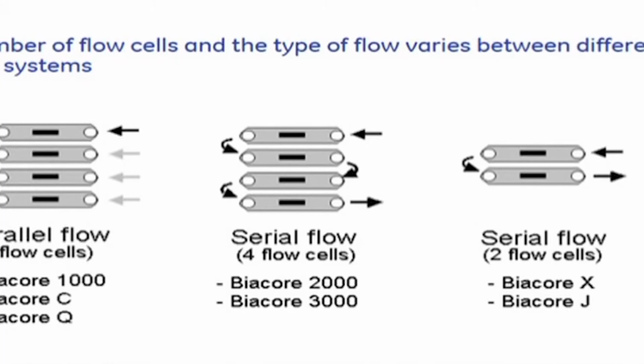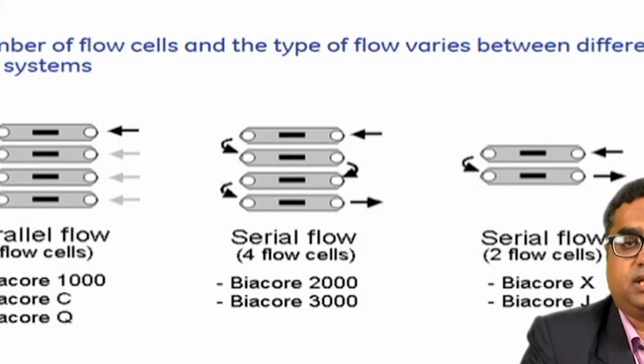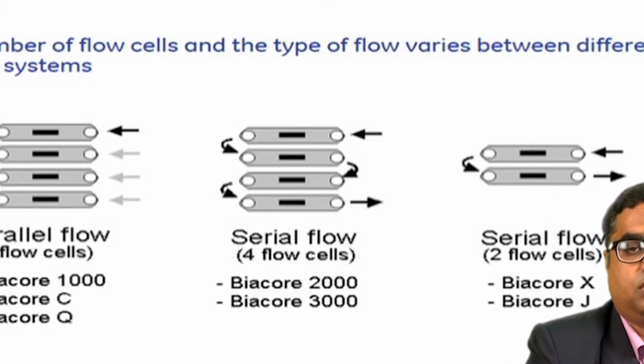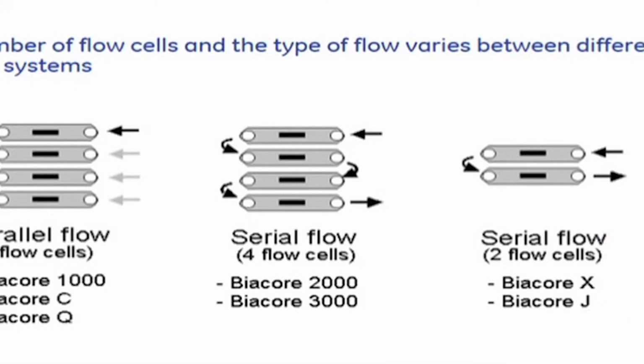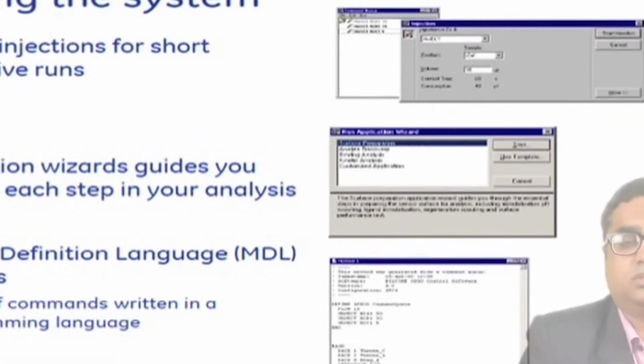There could be many ways of orientation of the microfluidics and the flow cells. It could be a parallel way, a serial way, or two cells at a time, and different systems can have a different way of the fluidics and also different orientations. Control software provides different ways of running the system. So, there are events which we could observe manually.